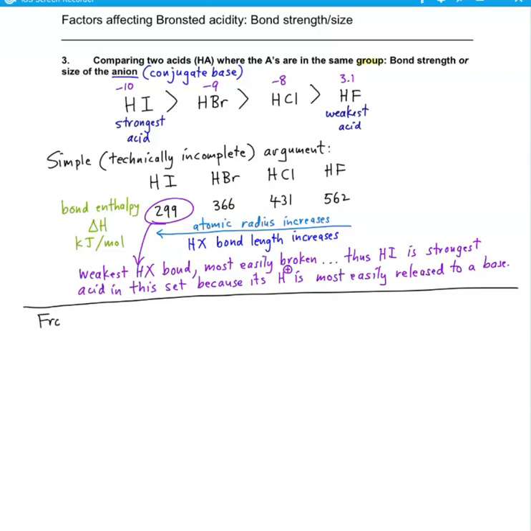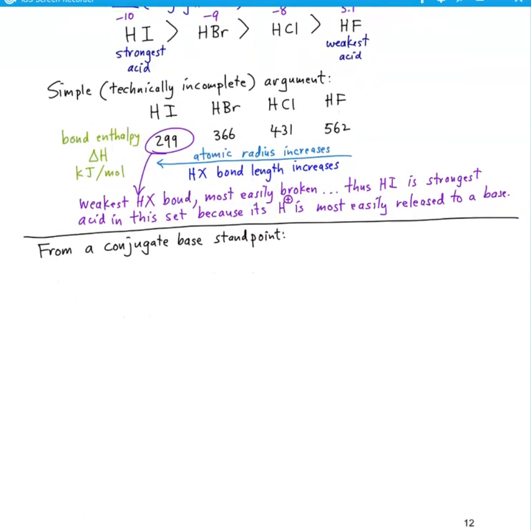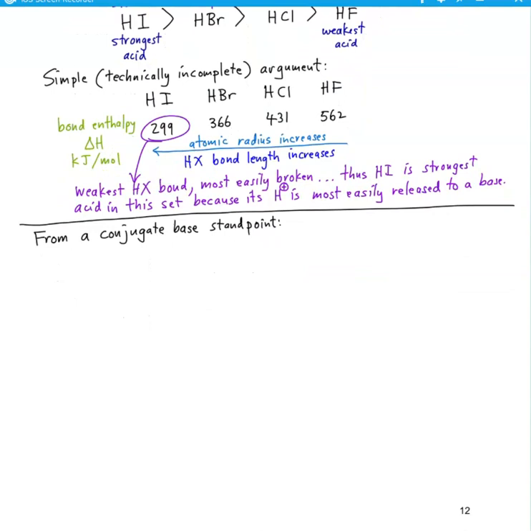So let's examine this again from a conjugate base standpoint. Okay, so we're going to look at the outliers. But first of all, let's practice our mechanism again. So here's a generic HX and a generic base.